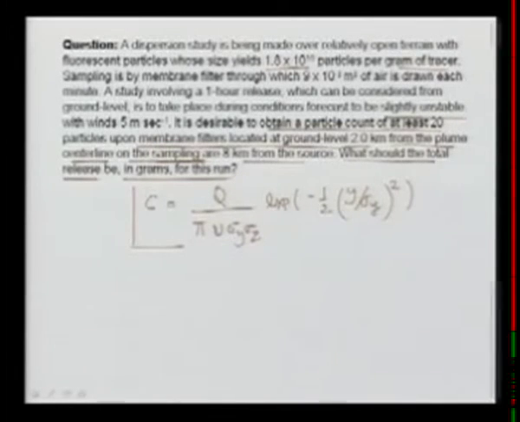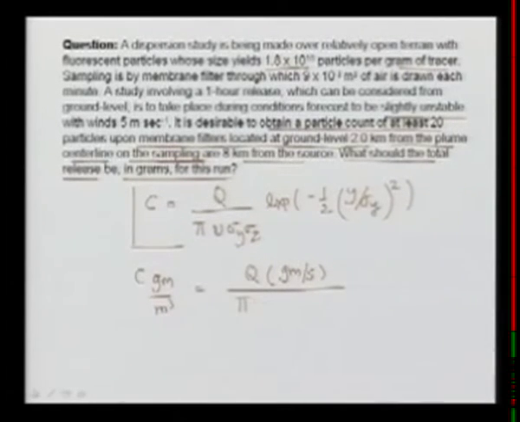Let us be a little bit careful about the units here. C, whatever units you want to take, let us say something like grams per meter cube, and Q is in grams per second.